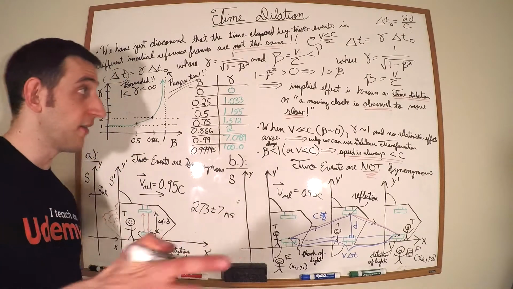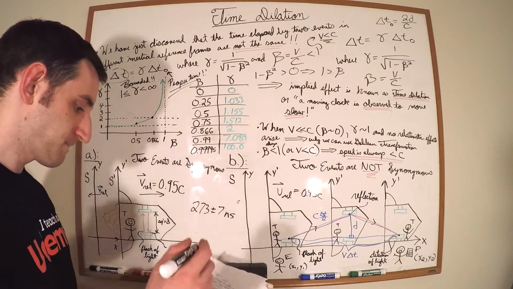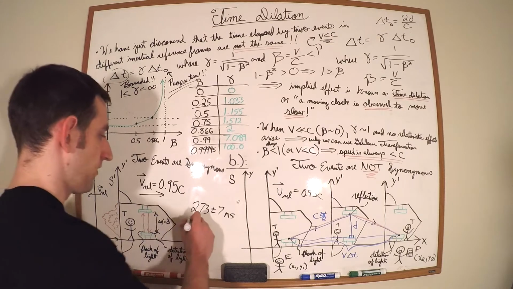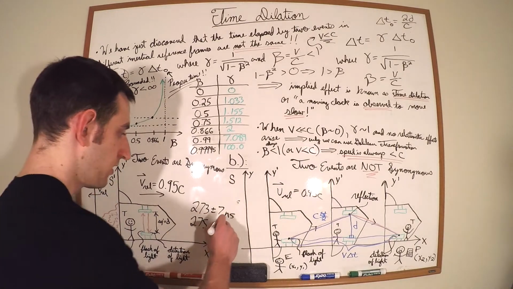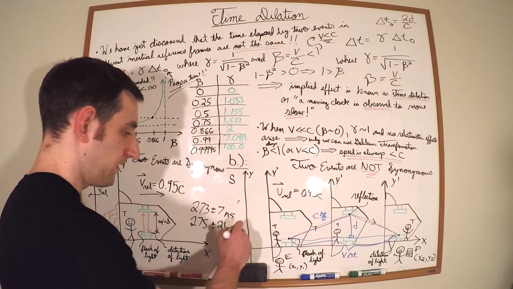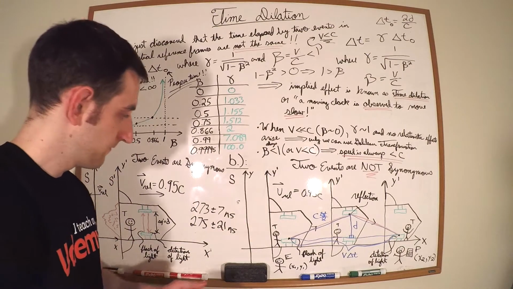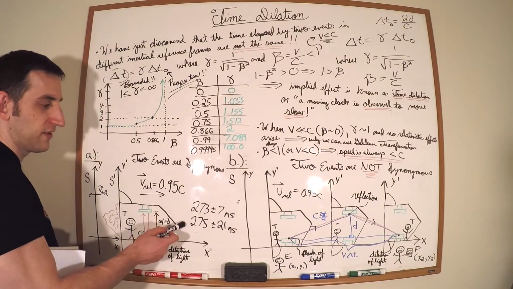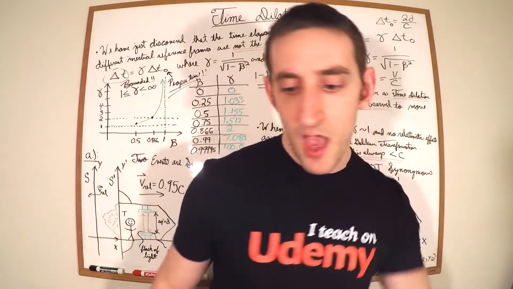And compared to the theory predicted here by Einstein, time dilation, that predicted a time of 275 plus or minus 21 nanoseconds. This is within the tolerance of this guy, confirmed again.